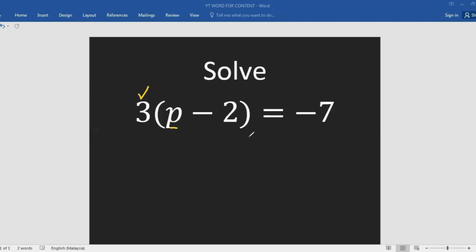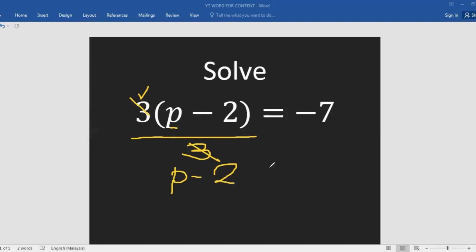So we choose 3. So what to do? How to treat 3? Of course, the only way to get rid of 3 is to divide by 3, right? So you divide by 3, then what you get? You get p minus 2, of course.